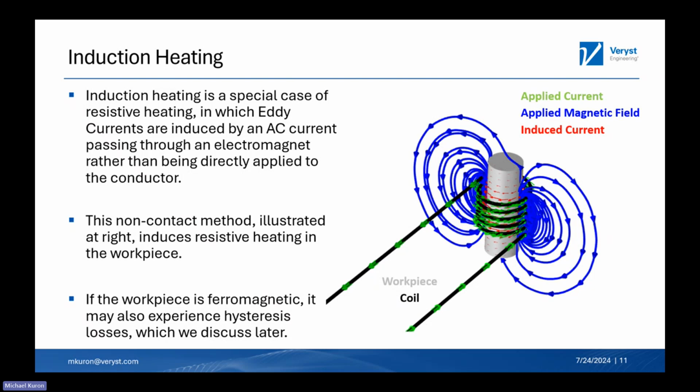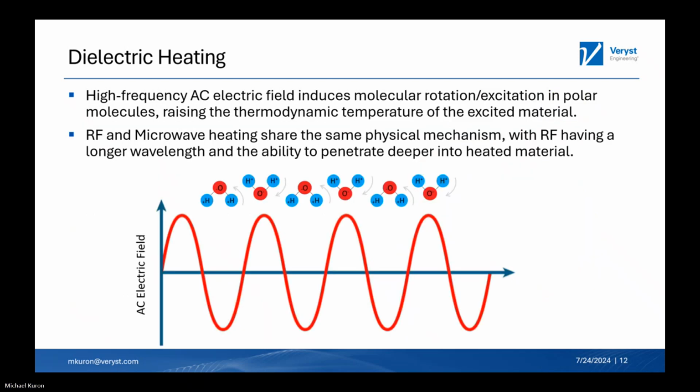That time-varying magnetic field induces an electric field in the workpiece, and the current will follow that induced field. And so it's the same principle in terms of how the electromagnetic heat is generated, but the manner in which the field is generated in the workpiece is done in a slightly different way. Now, of course, if the workpiece is ferromagnetic, we may also experience hysteresis losses, which we'll discuss in a few slides here.